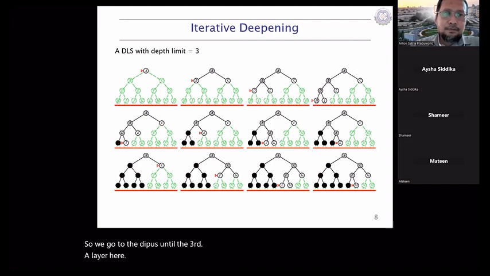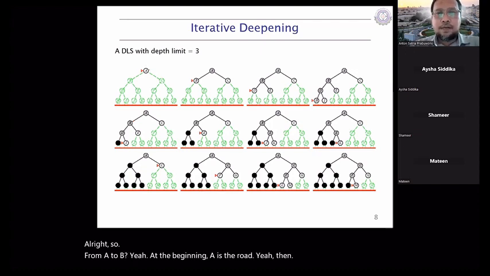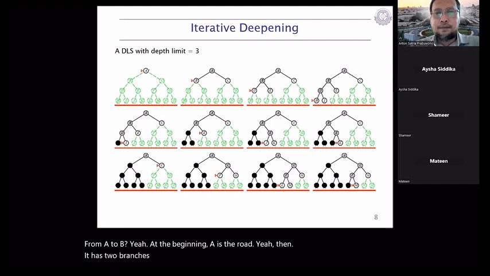From A to B: A is the root, and it has two branches, B and C. From A we go to B and then to D, because this is the deepest.